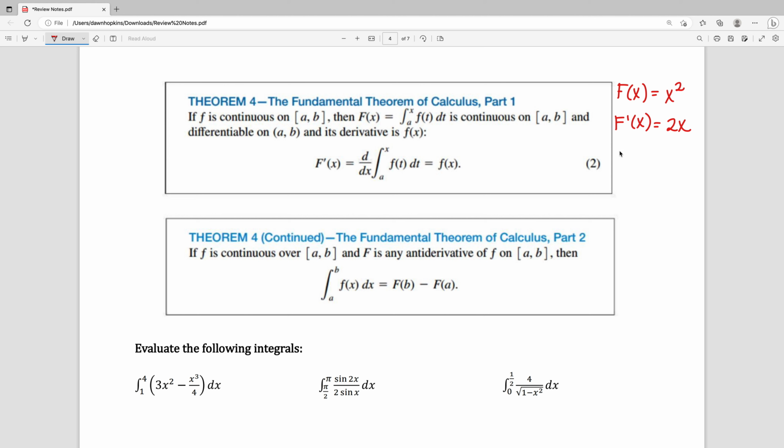Working backwards, if you were asked to integrate, you would get back to your x squared. So it's relating these two parts of calculus, integration and differentiation.